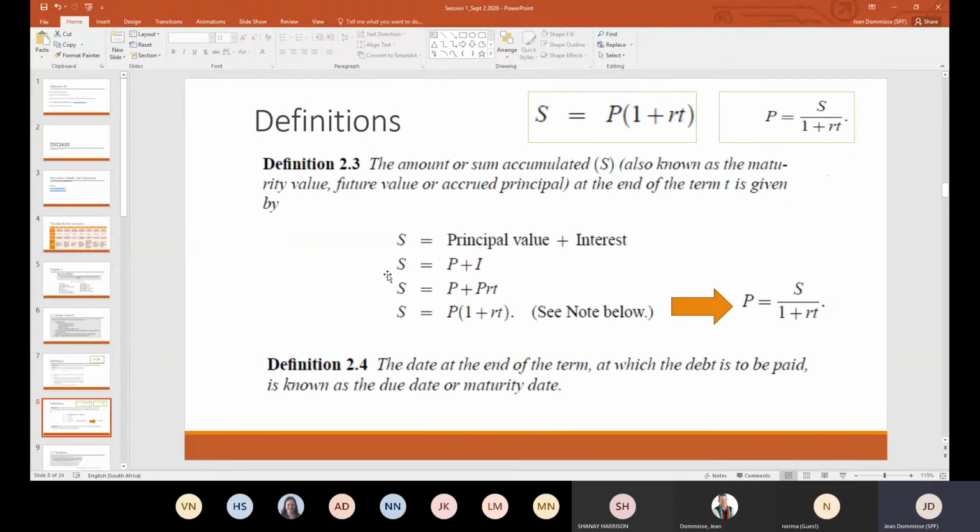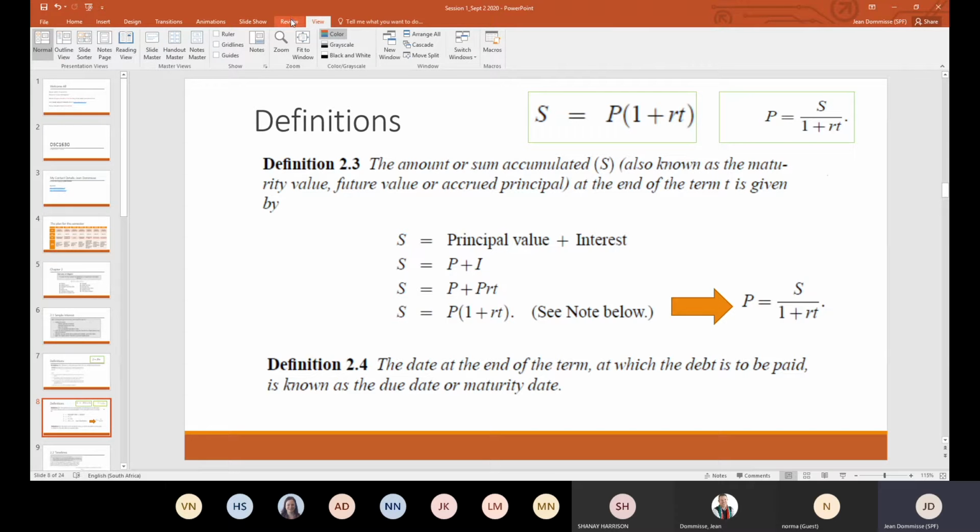Okay, so then one of the others, and I think this is just a way of showing it as well, and I'll show you a few other formulas as well. So to get to that accumulated amount, you basically take the principal value plus the interest. And then if you look at the different formulas, basically, so we have a principal value.